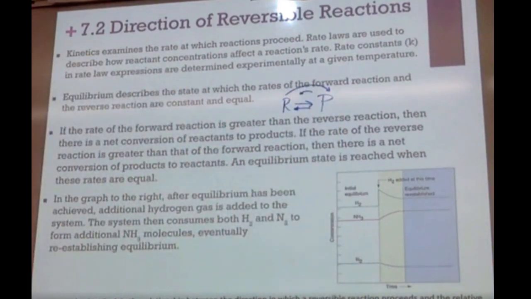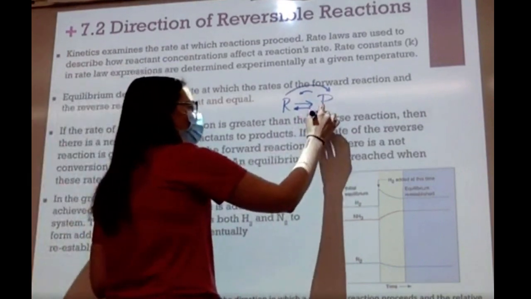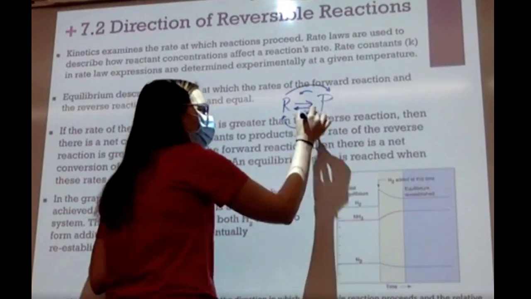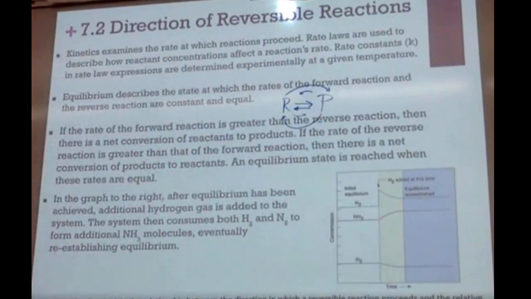That means we expect to see more products being formed. If the rate of the reverse reaction is greater, so that means that products turning into reactants is greater than reactants turning into products, then we would expect to see more reactants being created.